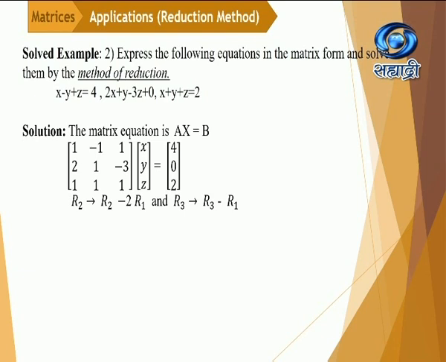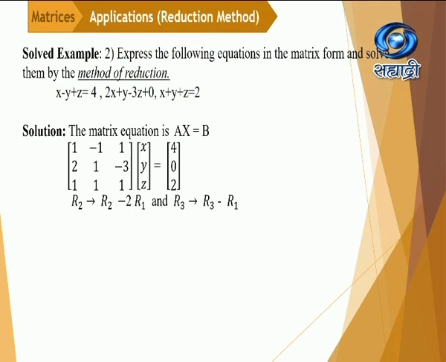You can see here A is nothing but the matrix of coefficients of x, y, z. Here in this case, we have to apply row operations to get the zeros at R2 and R3 place. So here you can check R2 changes to R2 minus twice R1 and R3 changes to R3 minus R1.